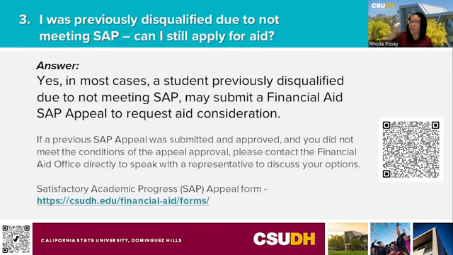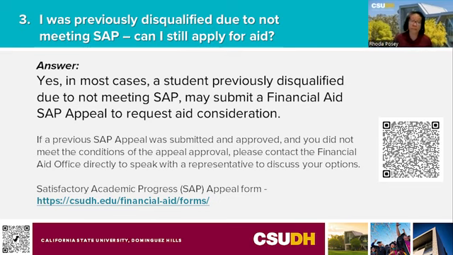All right, number 3, I was previously disqualified due to not meeting SAP, Satisfactory Academic Progress. Can I still apply for aid? The answer is yes. In most cases, a student previously disqualified due to not meeting SAP can just appeal for aid consideration. That appeal will come to the financial aid office.